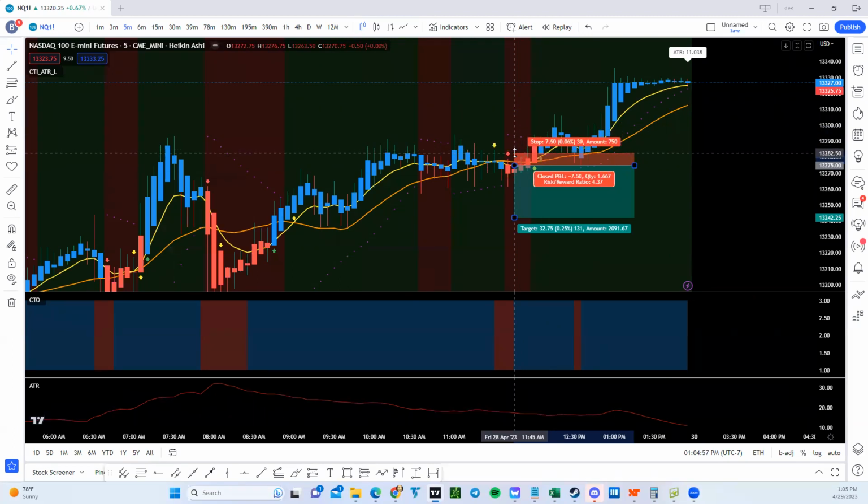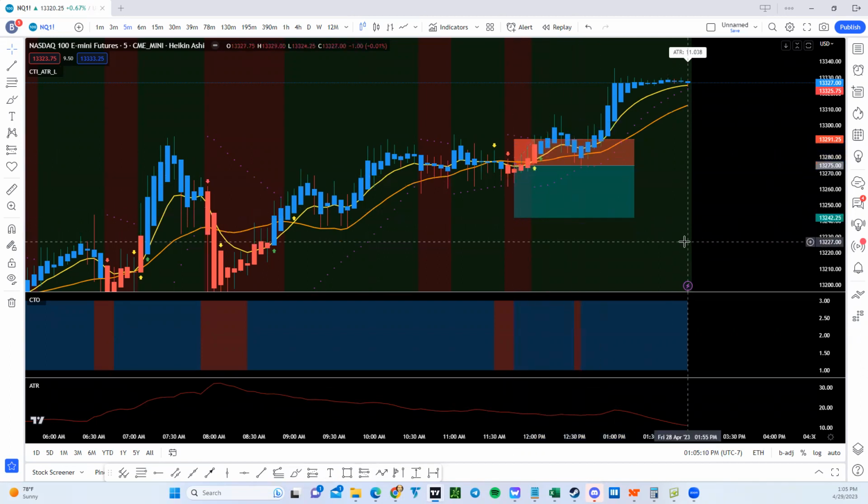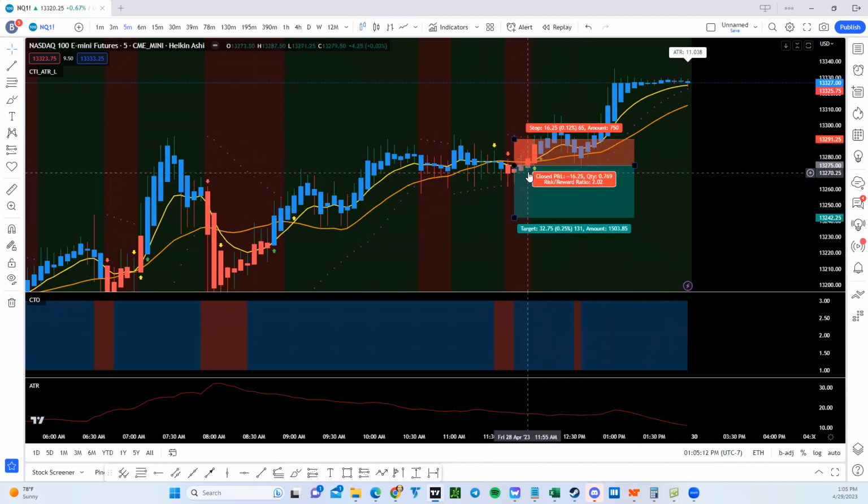For this, I'm just going to use 16. So this is what we target. Well, obviously, almost immediately after we enter this position, we go into loss territory and we get stopped out. And we lose this trade.